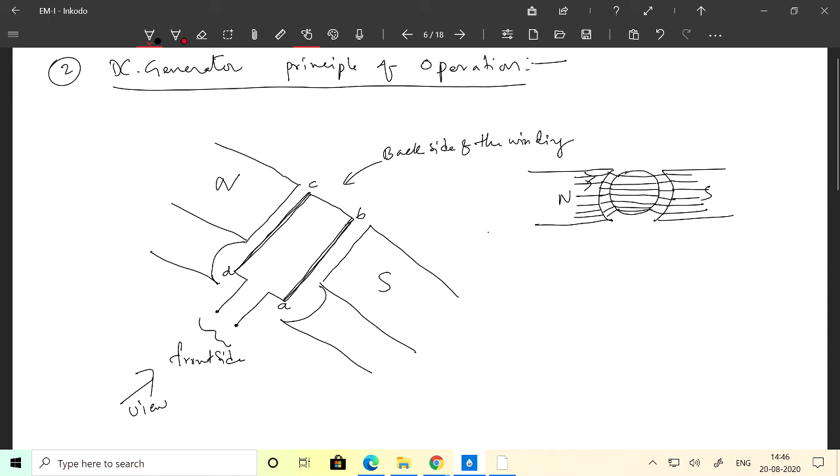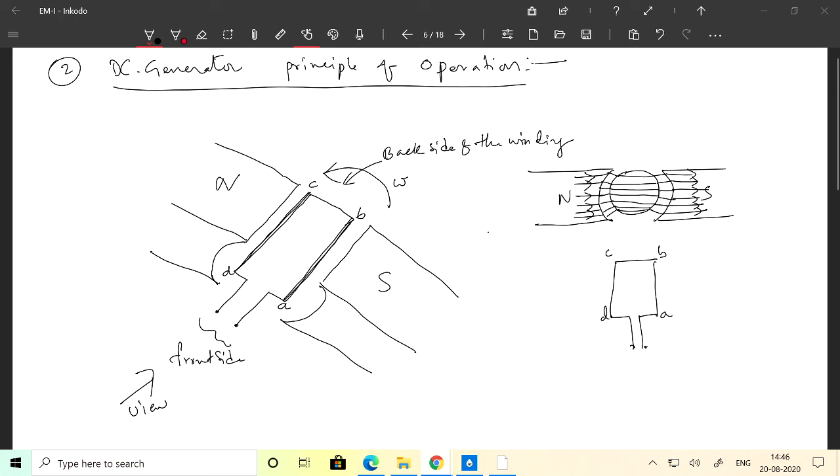So these are the flux lines, in which we have the coil like this. So this is A, B, C, D. Now this coil is rotating anticlockwise with some angular velocity omega.